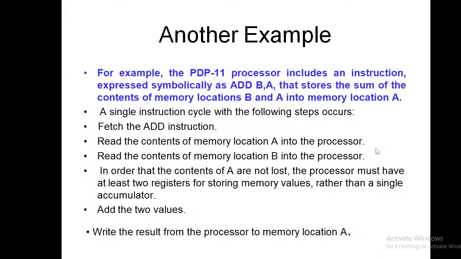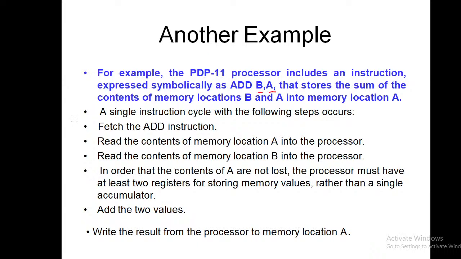Now in this case it is mentioned here that B and A are two memory locations. So what will happen in that scenario? These are not two registers. Instead, B and A are two memory locations.